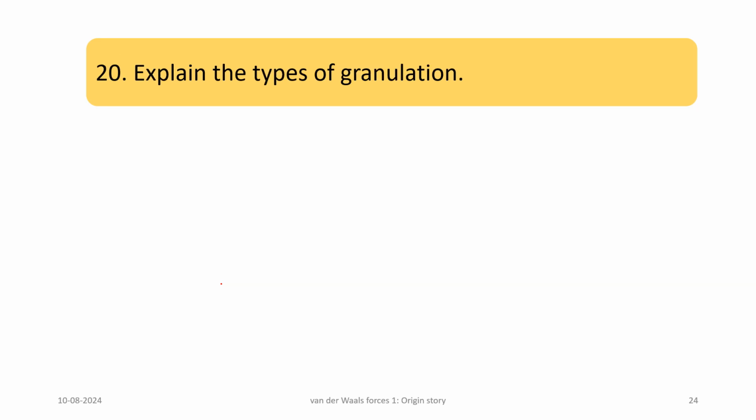Next, explain the types of granulation: dry granulation and wet granulation. So the main division is dry granulation and wet granulation. In dry granulation, mostly the solid particles are enlarged, and in wet granulation, the particles remaining inside the fluid are enlarged. That is why it is called wet granulation.